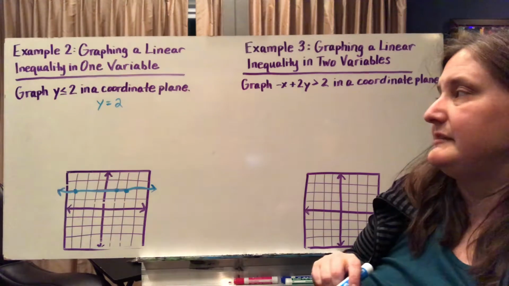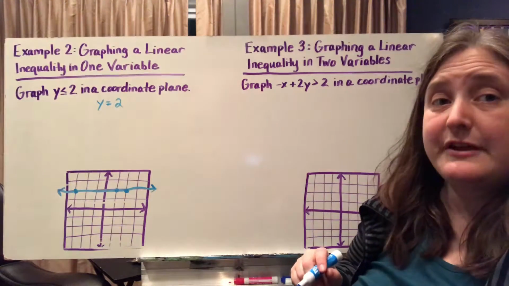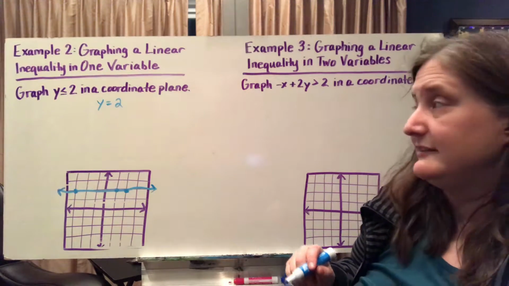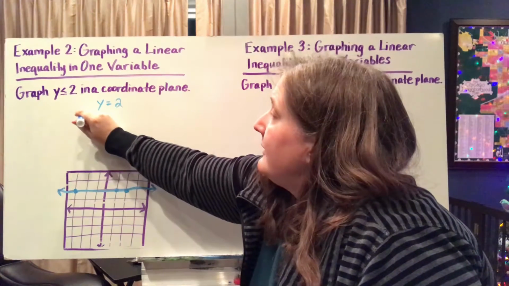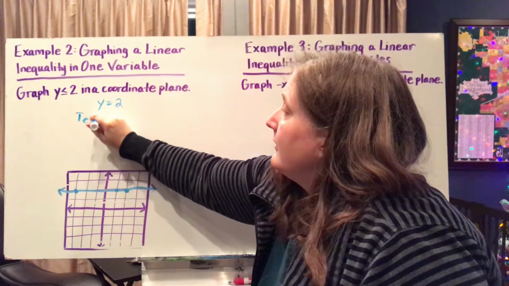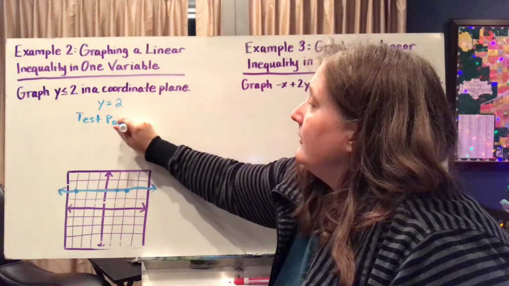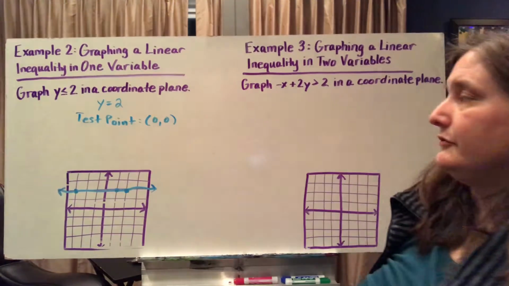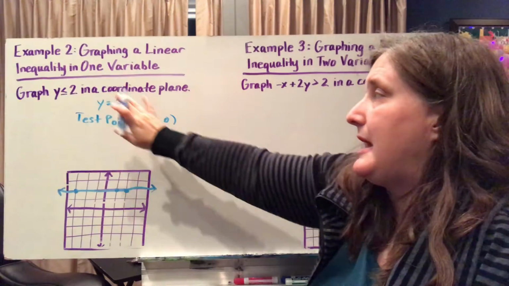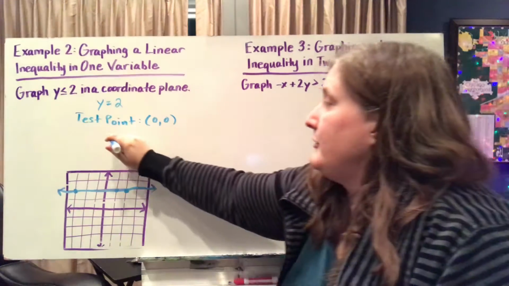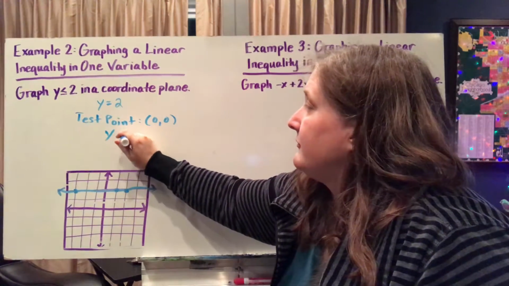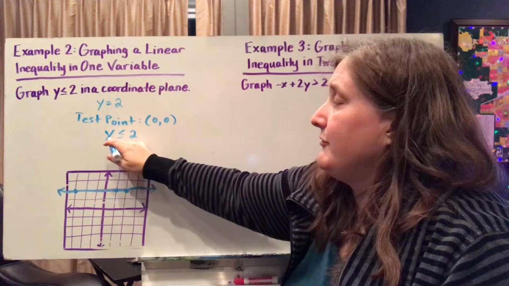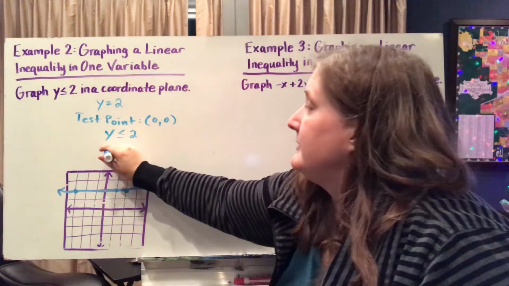So I need to come up with a test point. My favorite test point, if it's not on the line, is 0, 0. So basically, I'm going to test this point back in my inequality. My inequality was y is less than or equal to 2. I only have the y variable here, and I'm supposed to sub in 0.